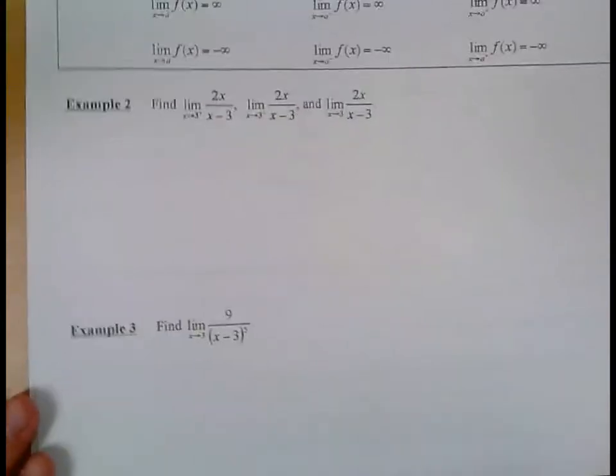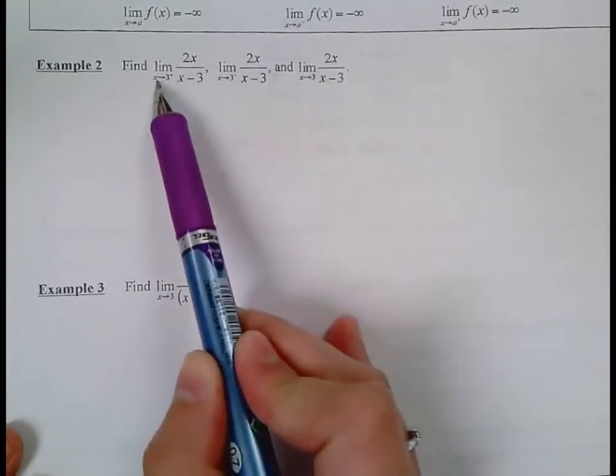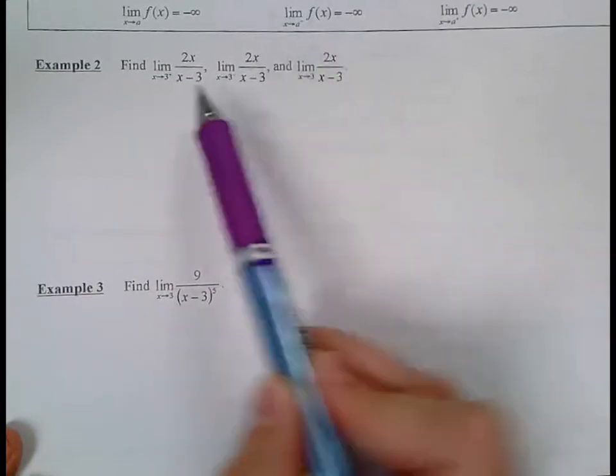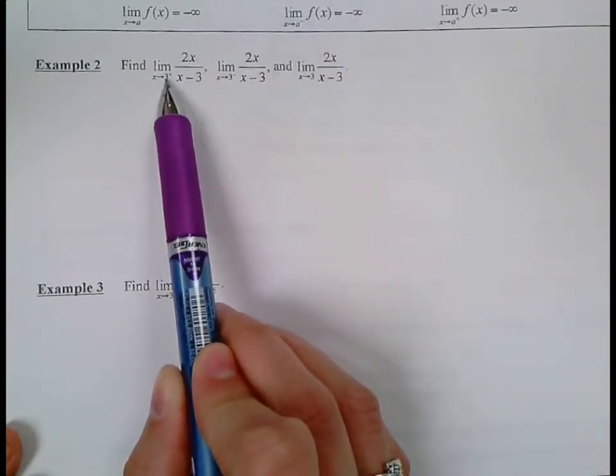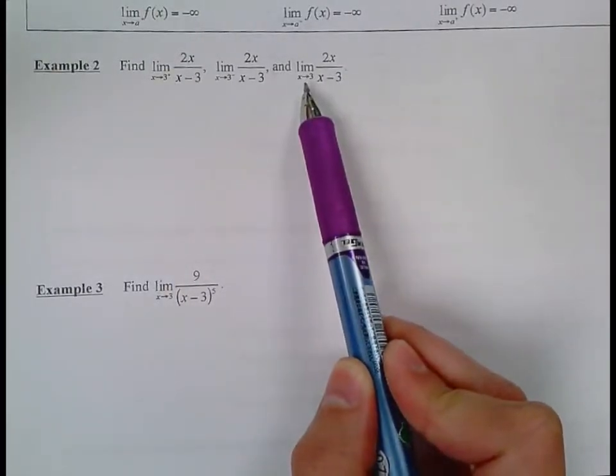So in example 2, I've given you more of a hint for this one, where I'm saying find the limit of this same function as x approaches 3 from the right side, from the left side, and then just as x approaches 3.